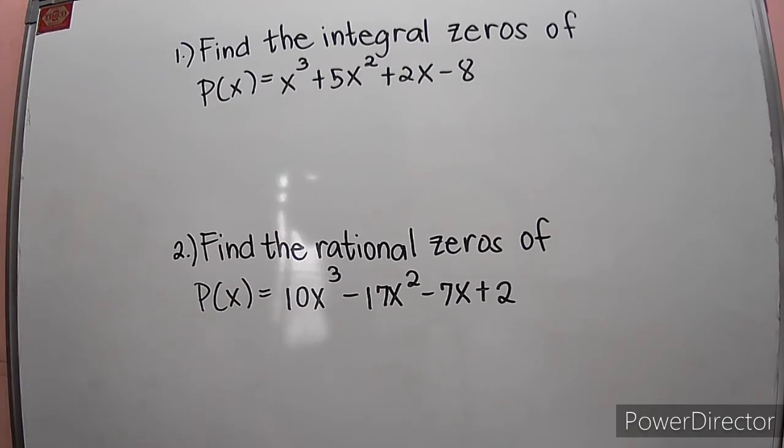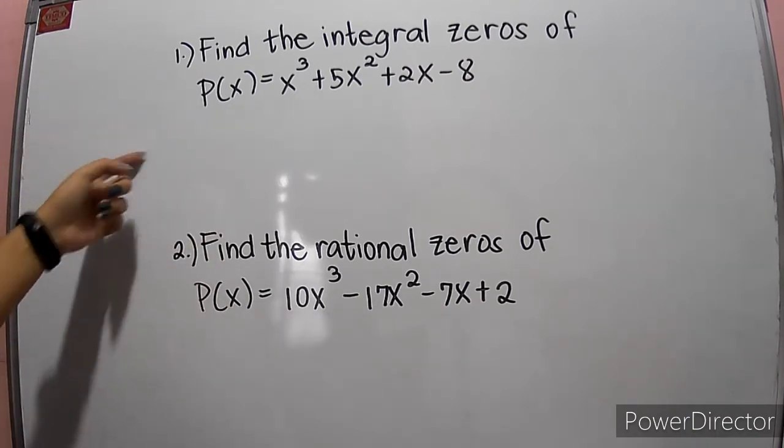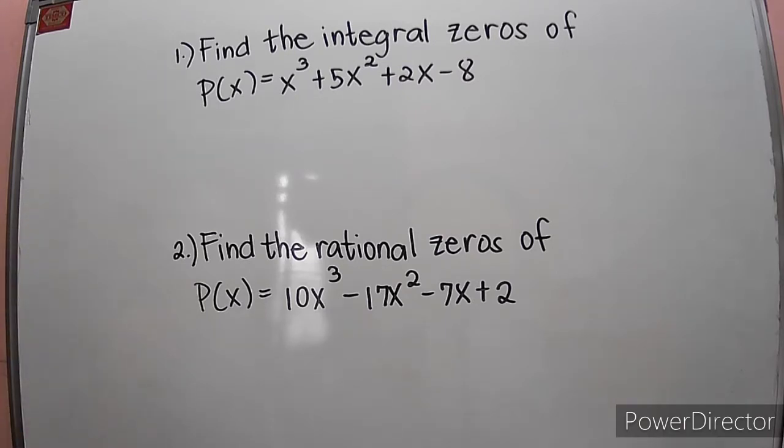Okay, and then when we have our possible factors, we will be using the synthetic division to find the factors or to find the zeros of our polynomials. So, I will be showing you on each example kung paano maghanap ng divisor na gagamitin sa ating synthetic division.